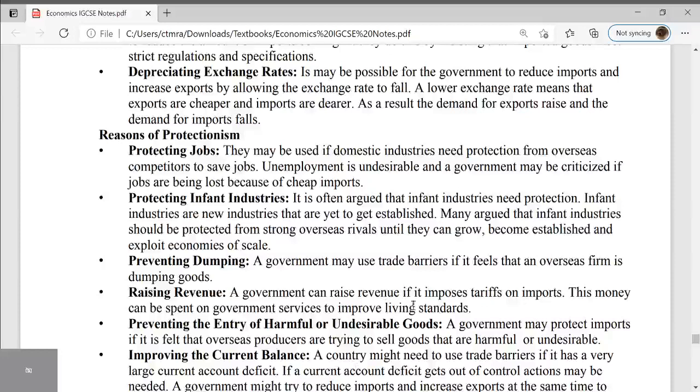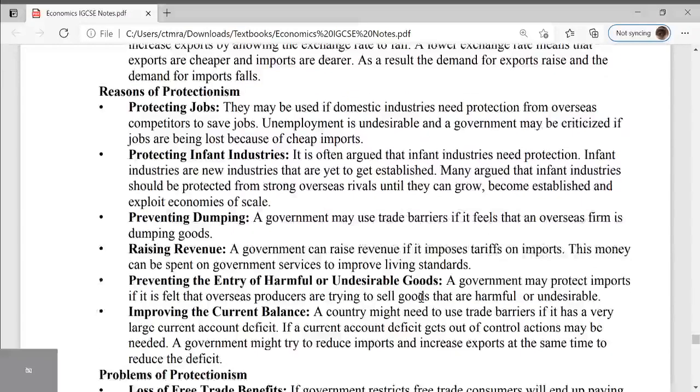Okay, and next is preventing the entry of harmful or undesirable goods. There can be goods which are harmful for the country. So it's the government's responsibility to stop or reduce the entrance of this kind of undesirable goods.